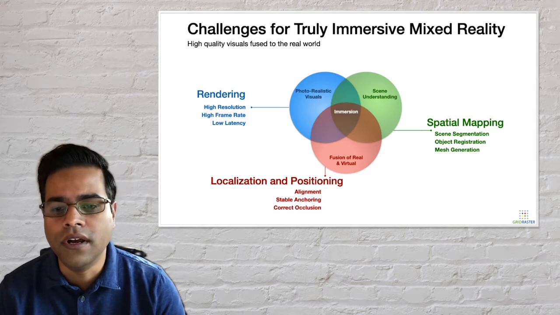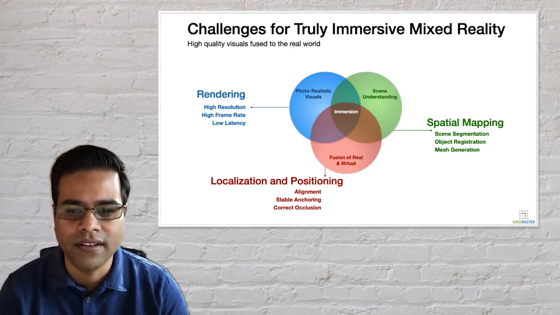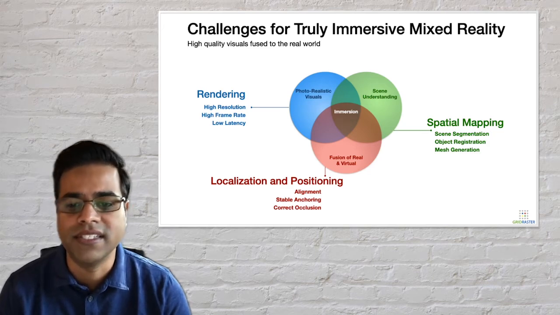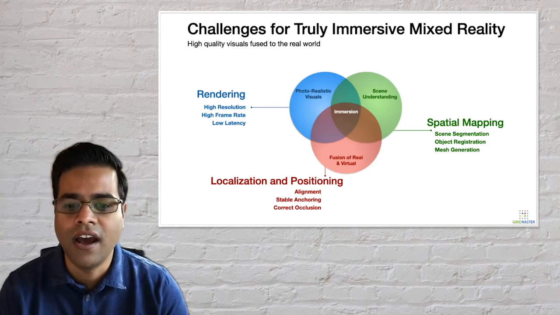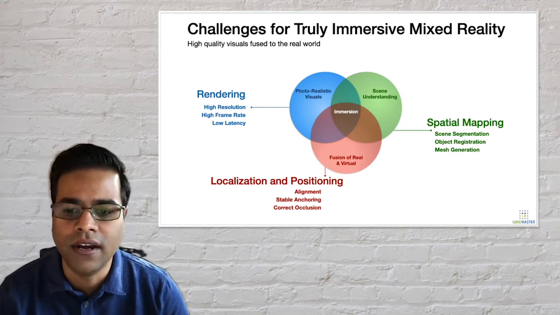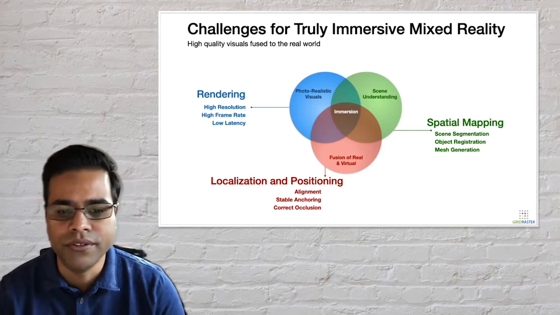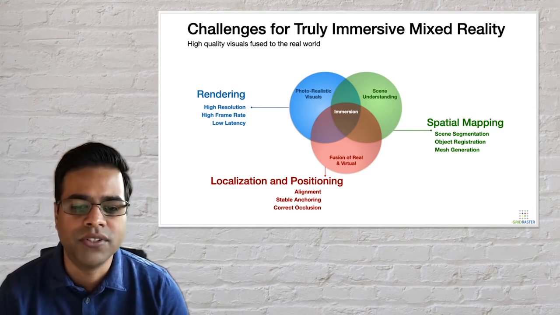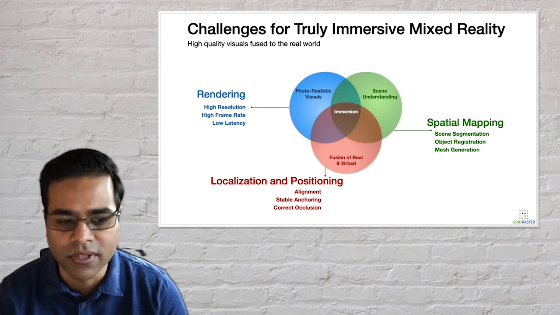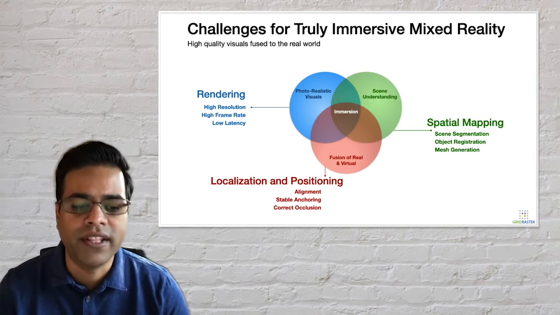We need to do full spatial mapping so that we can understand what object is actually there in the scene, what the actual physical world looks like, and if you want to render an object and place it in a particular location in the scene, what exactly that scene is made of. So we require scene segmentation, understand the objects, and generate a mesh of the entire scene. And then we combine the 2 using localization and position so that we can align objects, anchor them stably in the world, and have the correct occlusion where someone needs to be behind something else. We can accurately do so.